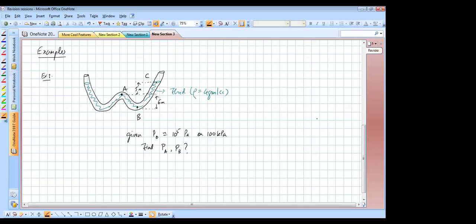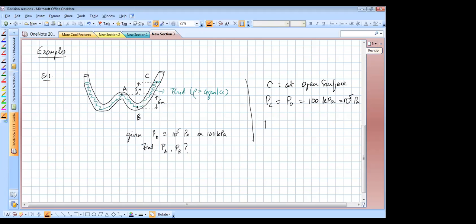Okay, so far Manishka has sent the correct answer. So you can see C is a point at the open surface. So pressure at C will be equal to atmospheric pressure, which is 100 kilopascals or 10 raised power 5 pascals.